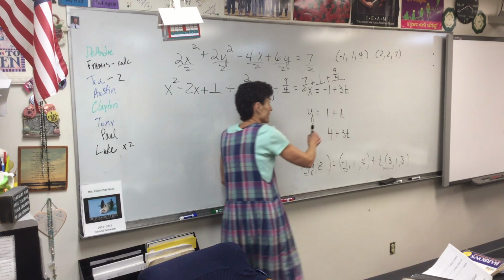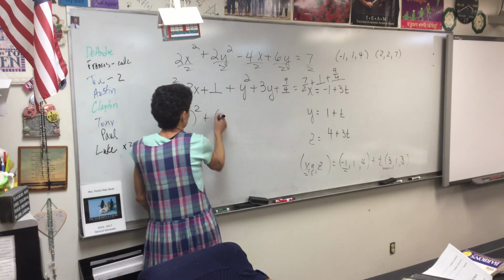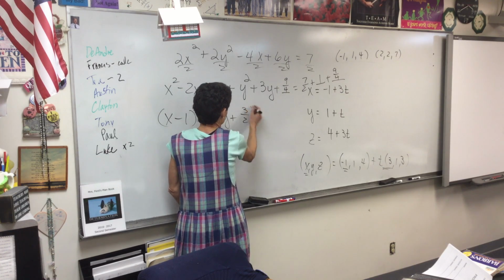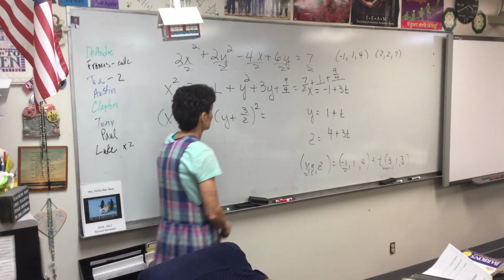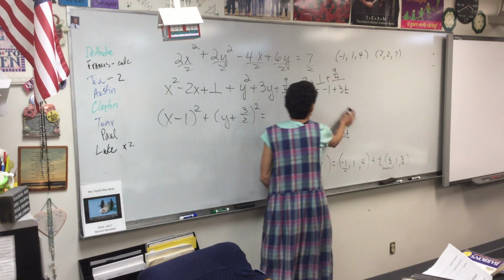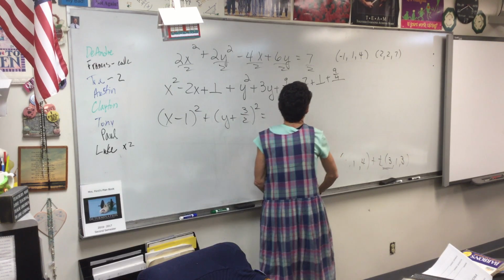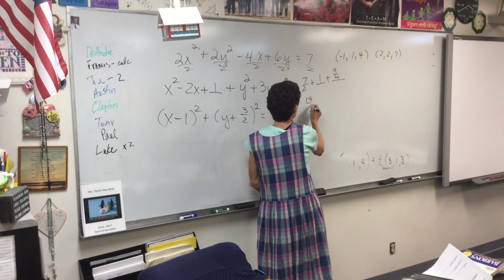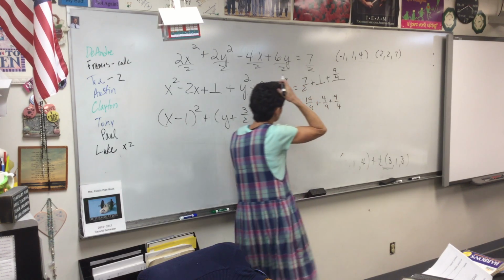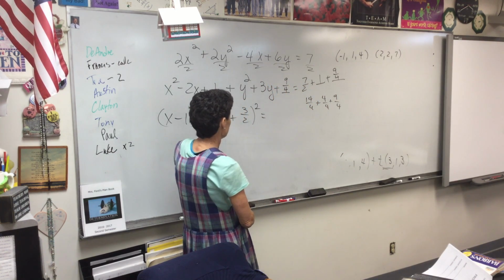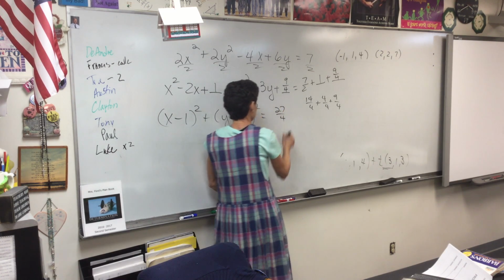All the world is not integers. We have to deal with it. So now we have to add that up. That would be 14 fourths, 4 fourths, and 9 fourths, which makes a grand total of 27 fourths.